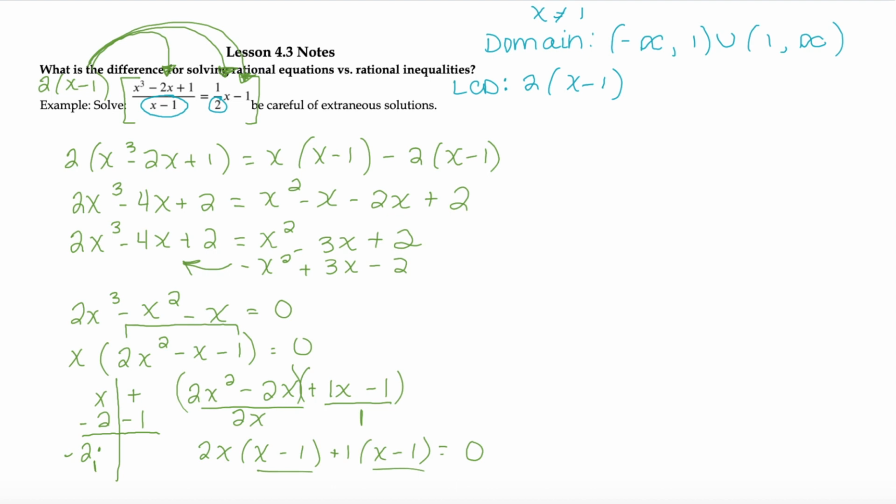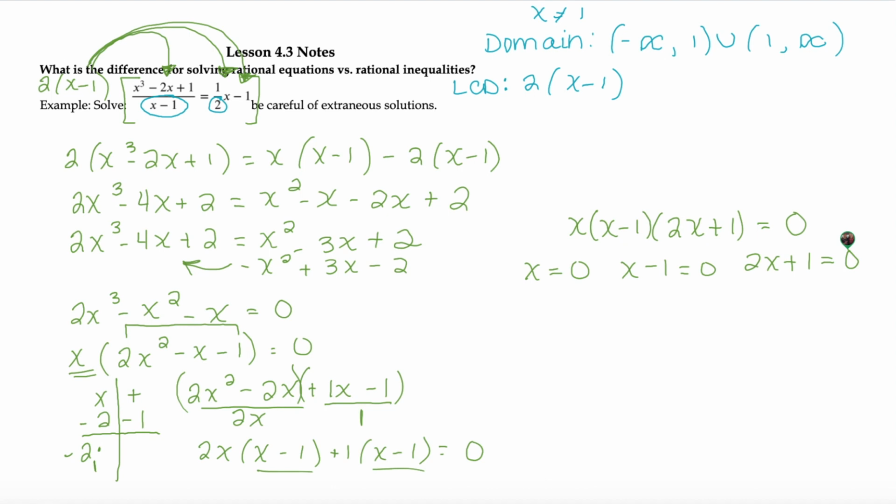When I factor out my common binomial of x minus 1, we will have 2x plus 1. Don't forget we originally took out the greatest common factor of x and set it equal to 0. We know that once it's factored, we can set each factored piece equal to 0 and then solve each one individually.